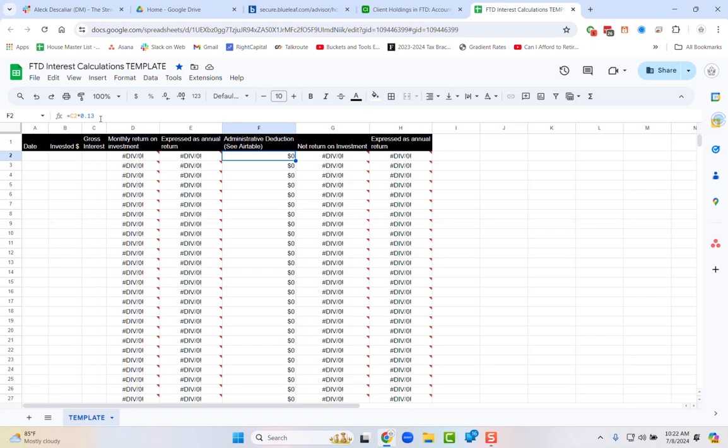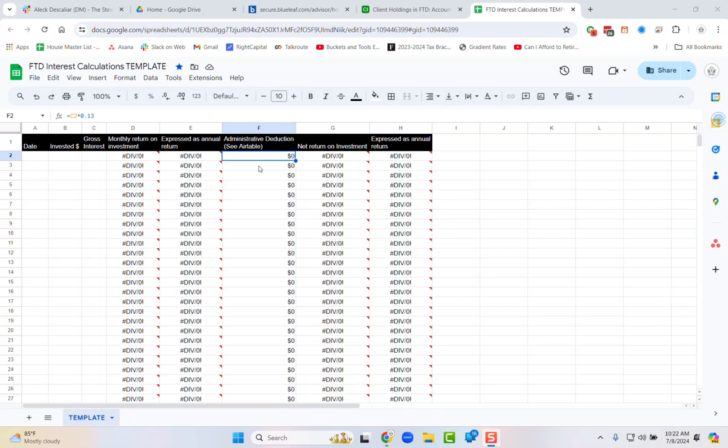So prior to November 2023, it would be times 0.11 or 11%. And so column F is automatically calculated, but you also have to make sure that you have the right administrative deduction prior to November of 23 and following November of 2023.